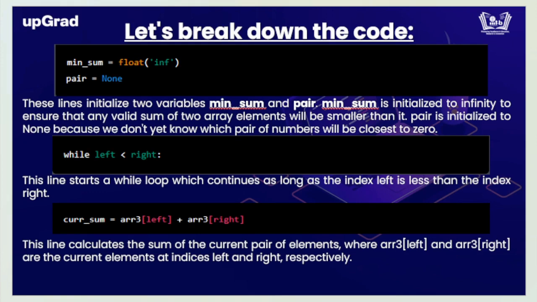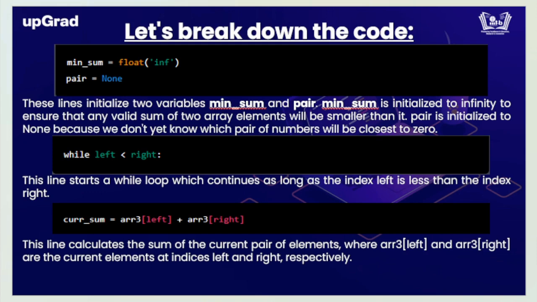The minimum sum is initialized to infinity to ensure that any valid sum of two array elements will be smaller than it. Pair is initialized to None because we don't know which pair of numbers will be considered closest to 0.